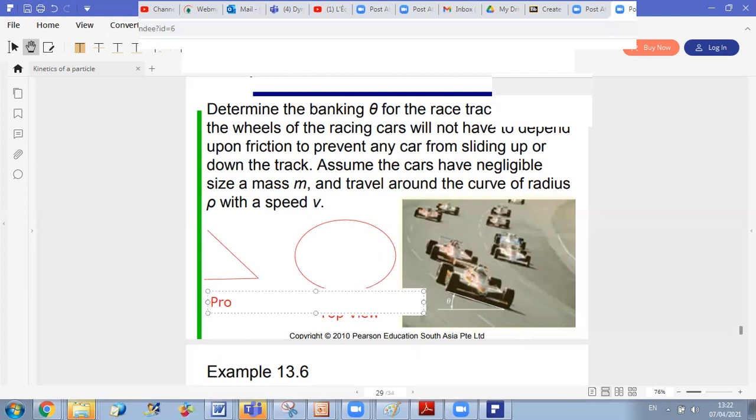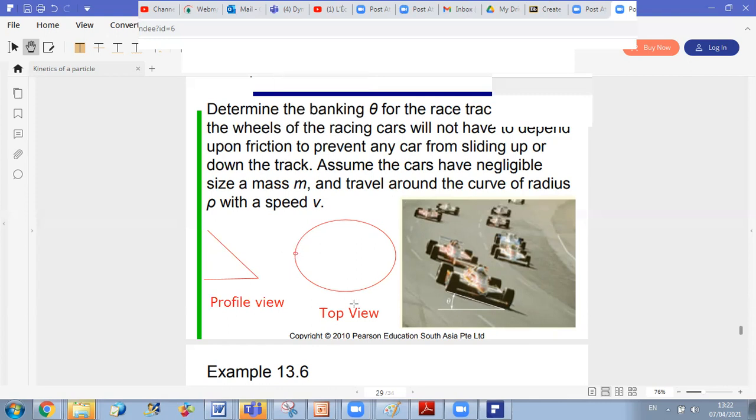If you look from the top, you will see that your car is moving on a circle, a horizontal circle. This is my car. I will deal with it as a point, as a particle.